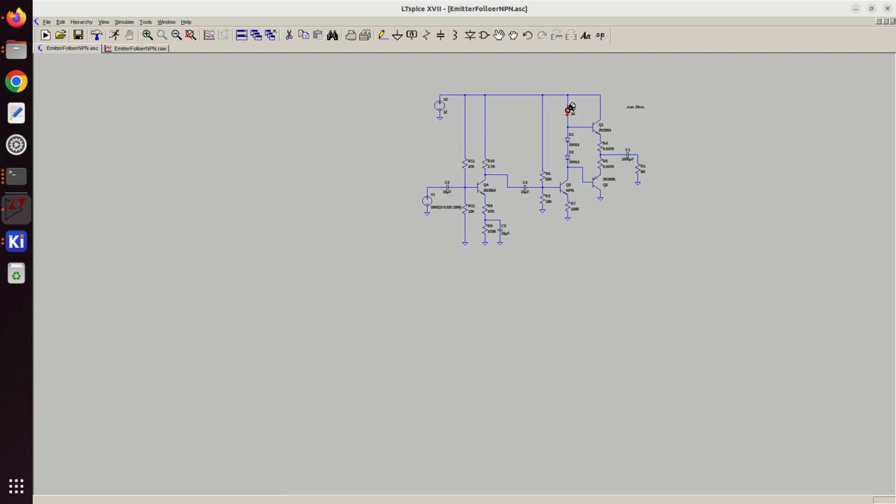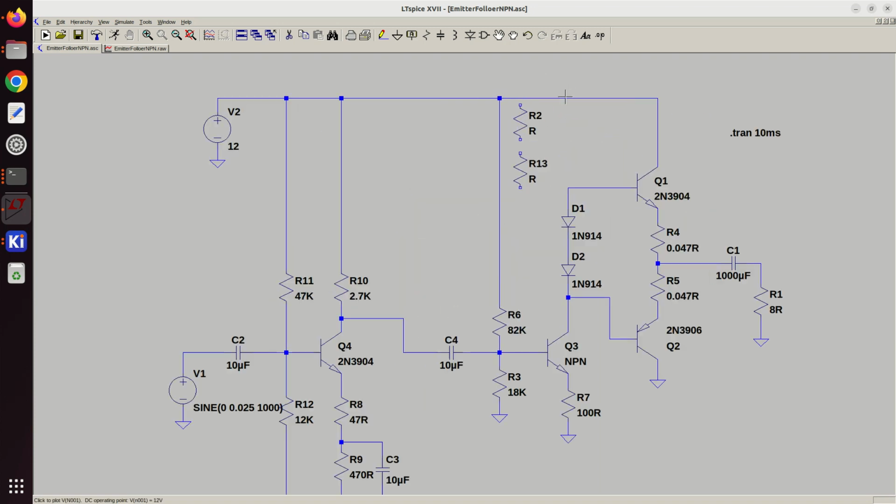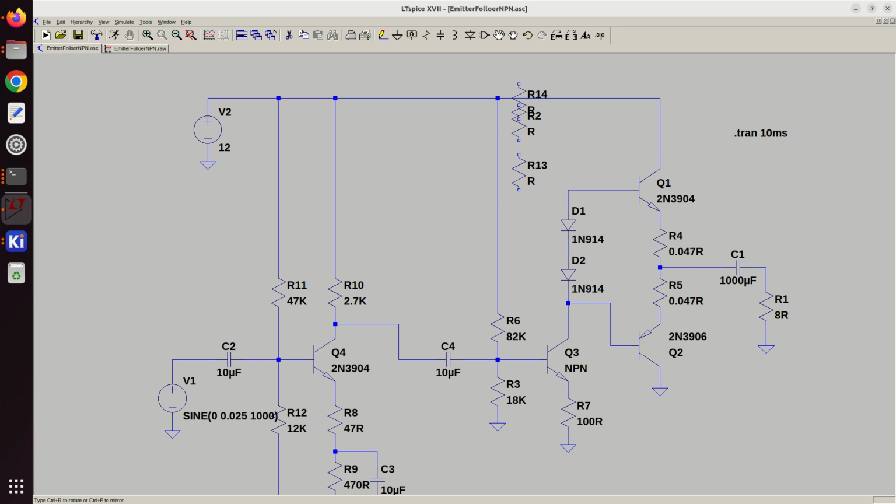So let's get rid of this resistor. Try to fit two resistors in here now. It was a wire I was looking for. So that was overall 1K.